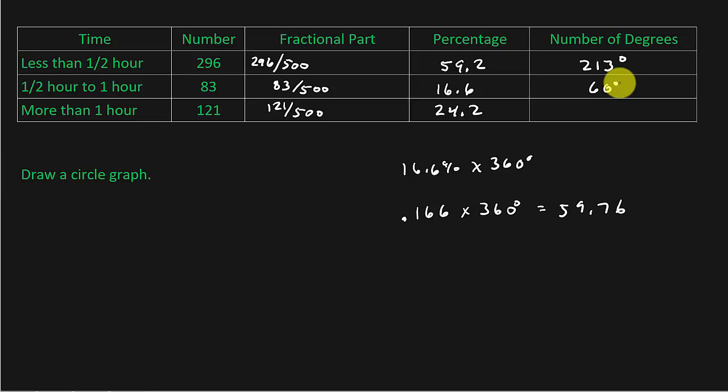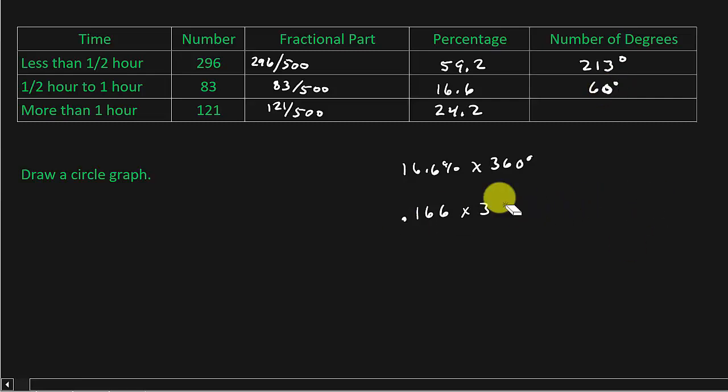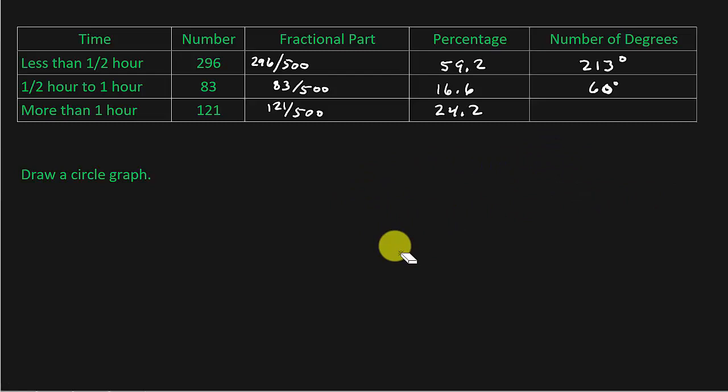Now, do you do that? It really just depends on what your teacher wants you to do. If you're in my class, I would say round it to the nearest whole number. Okay. It'll just make it a little bit easier to do these graphs, and plus you'll see when I start to draw my circle graph, you're not going to get these angles exactly right. Okay, but it's going to give you an idea.